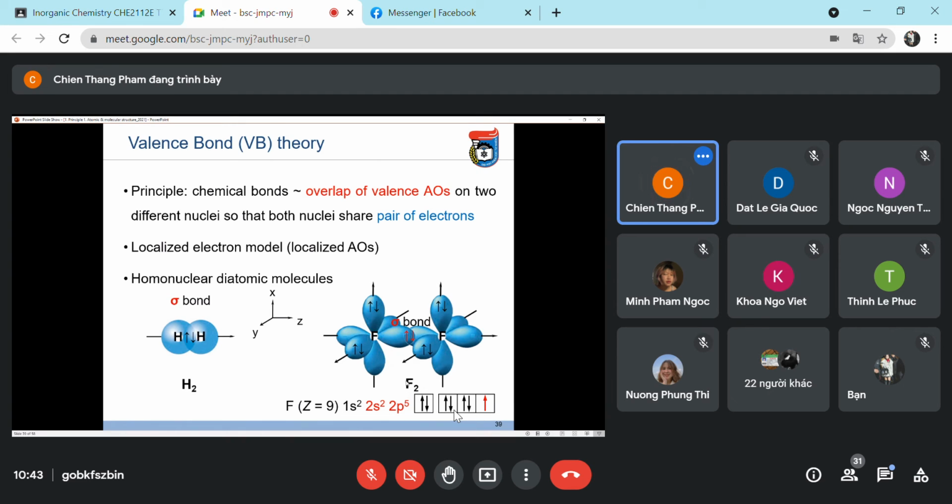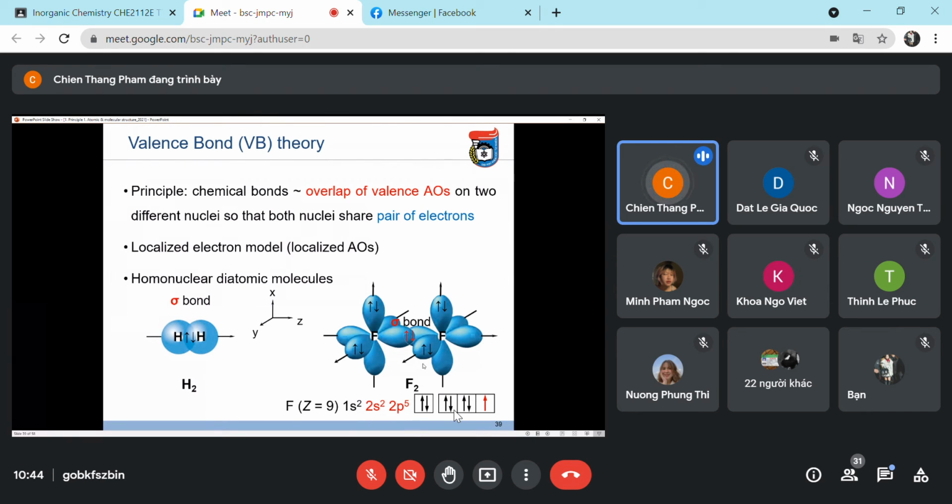We can consider another example, the difluorine molecule. First we consider the electronic configuration of fluorine with the atomic number of 9. With the red color here, this is the valence electrons. When you draw in squares like this, you can see 2s2 here, and 2p5 here.